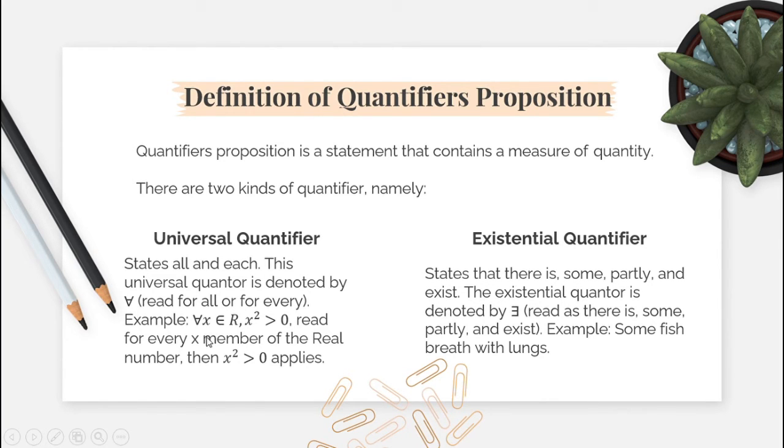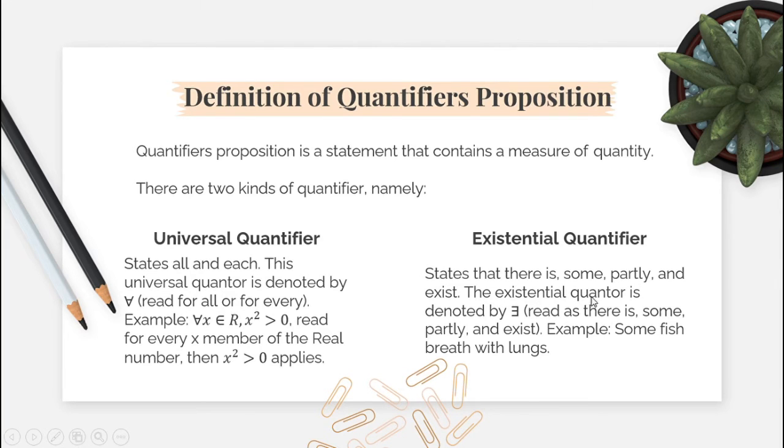For example, for all x element of R, x squared is more than or equal to 0. Read: for every x member of the real numbers, x squared is at least 0. Second, the existential quantifier states that there is some, partly, and at least one.